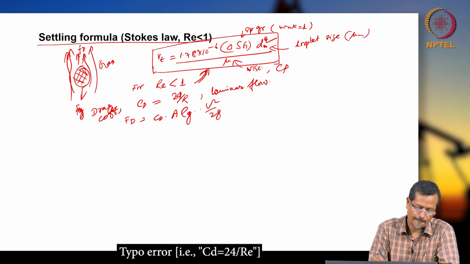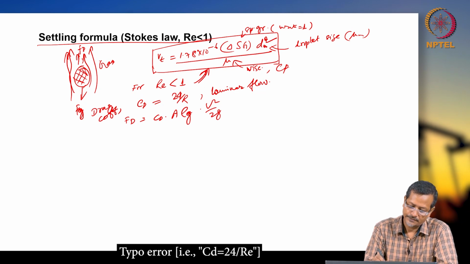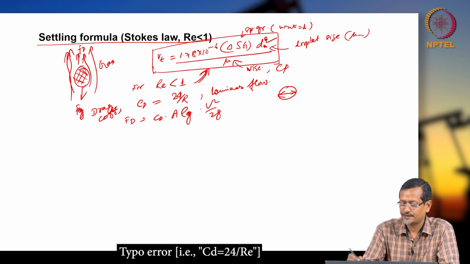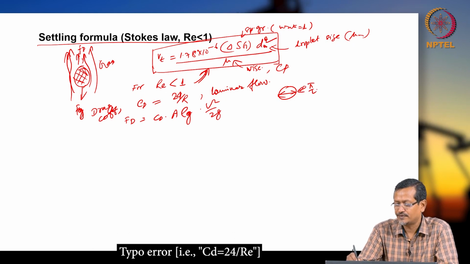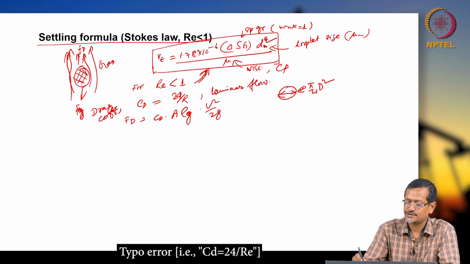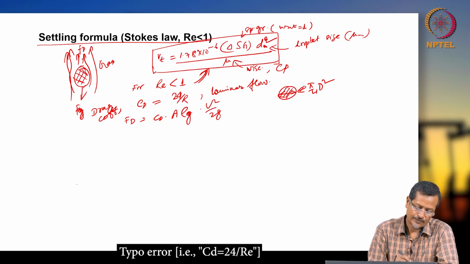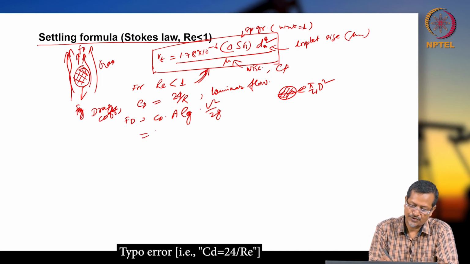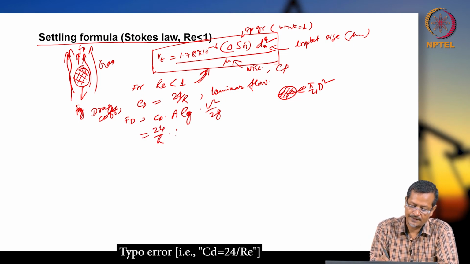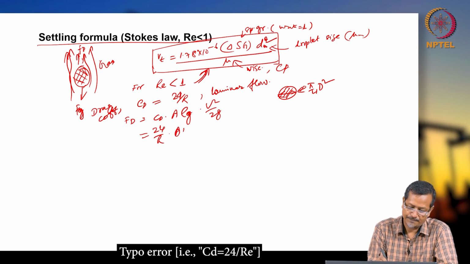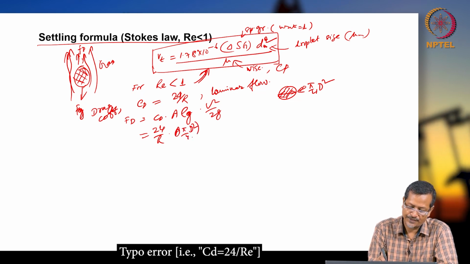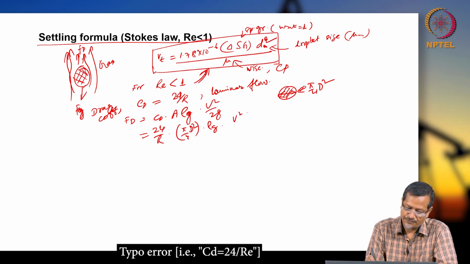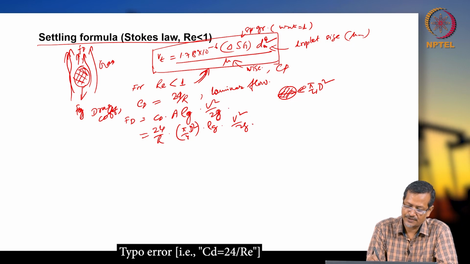Okay, A means area of this particle. So this area will be pi by 4 d square, the particle area. So if I put Cd equals 24 by Re, into A means pi by 4 d square, rho g v square by 2g. g means gravitational acceleration.